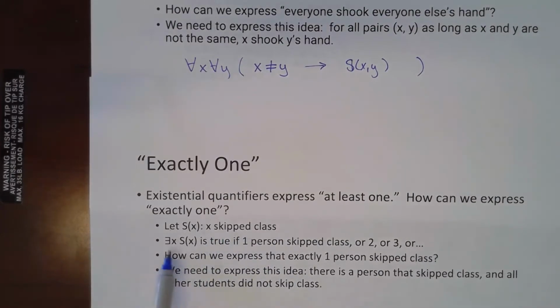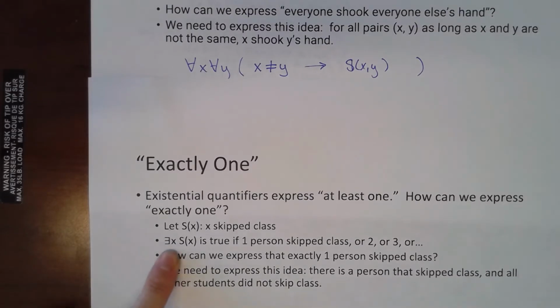If I say there exists an x such that S(x), that's true if one person skipped class, but it's also true if two people skipped class, or three people skipped class. There could be 8 people that skip class and it's still true. So if I want the idea that there is exactly one person and only one person skipped class, I can't just go with the existential quantifier.